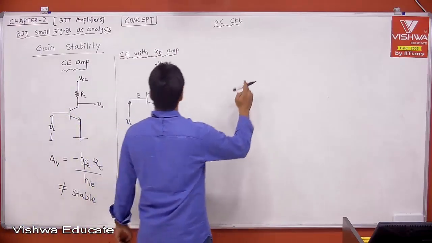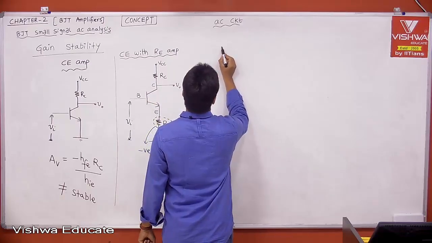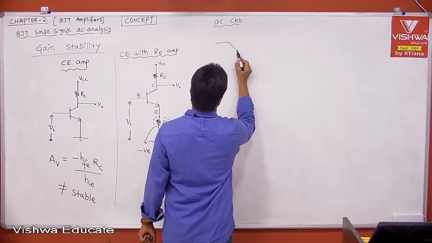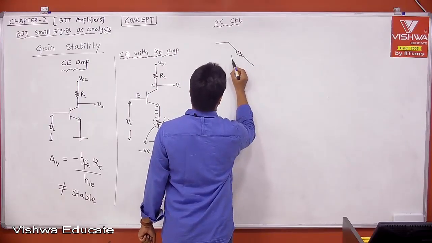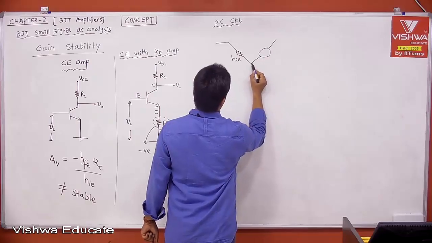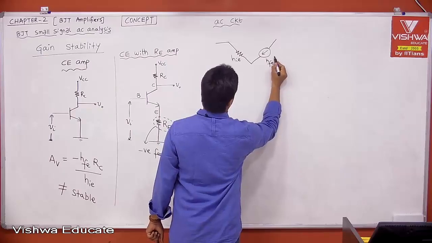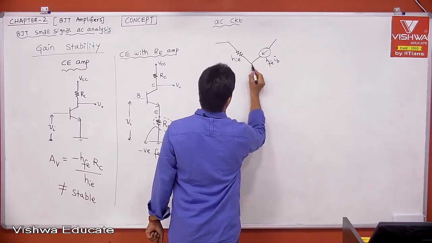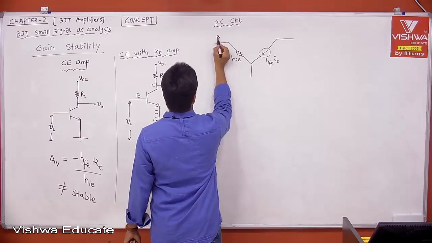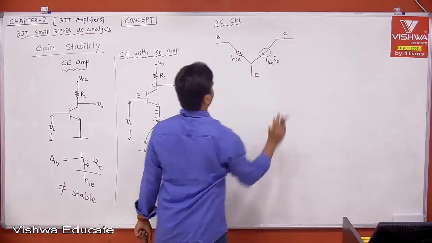Now the AC circuit. First of all, the transistor: we know the simplified model we had seen, so this is HIE and this is HFE into IB. This is the base, this is the emitter, this is the collector.